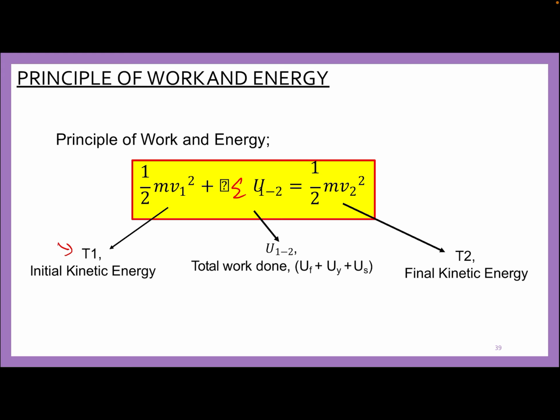The summation of work from 1 to 2 is the total work done: work done by force plus work done by weight plus work done by spring, equal to T2, which is the final kinetic energy.